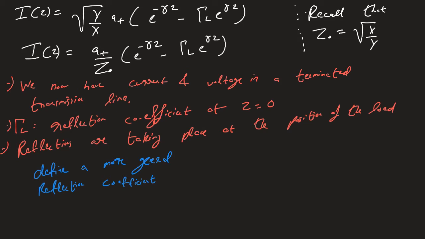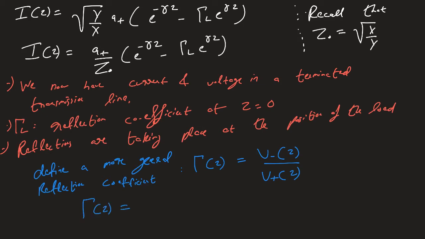We can just call this capital gamma of z, where capital gamma of z is just the ratio of the left traveling wave, which is v minus of z, over the amplitude of the right traveling wave. So we can define a general reflection coefficient at every point z.